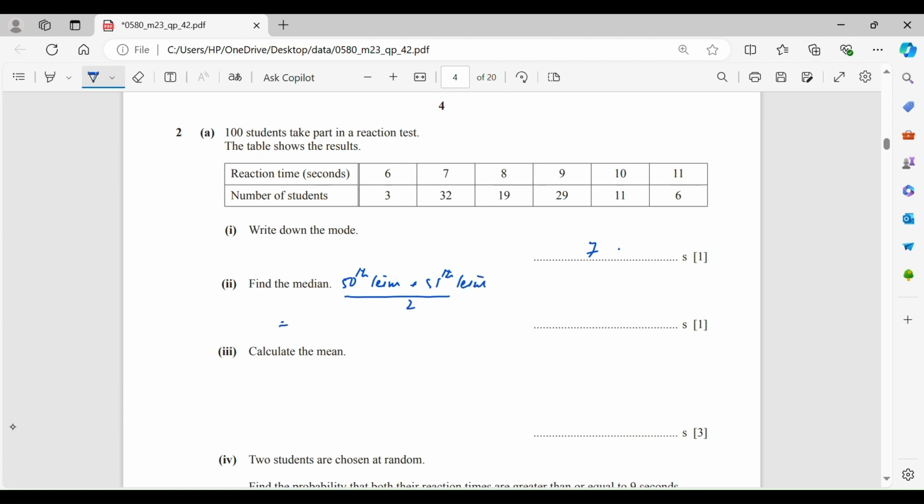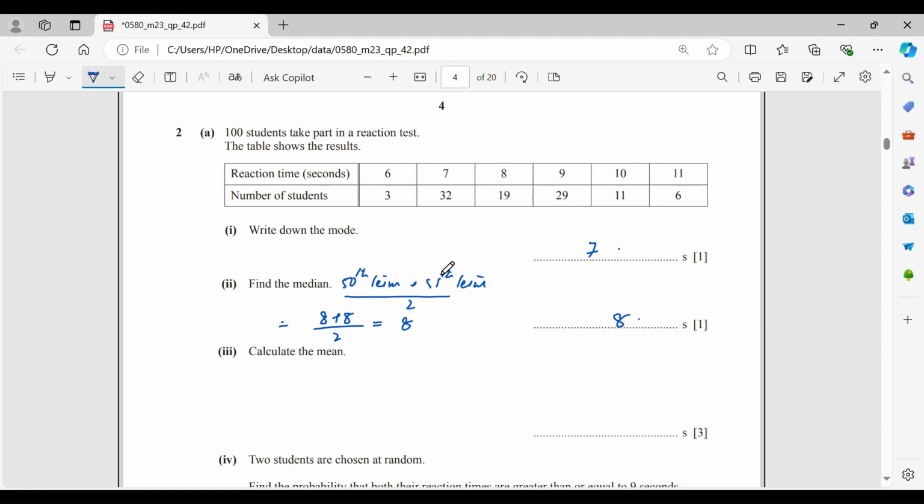So 35 plus 19 will be 54. So 8 will be the 50th and 51st term. So 8 plus 8 over 2, which is equal to 16 by 2, which is equal to 8, right? So our answer is 8 seconds.